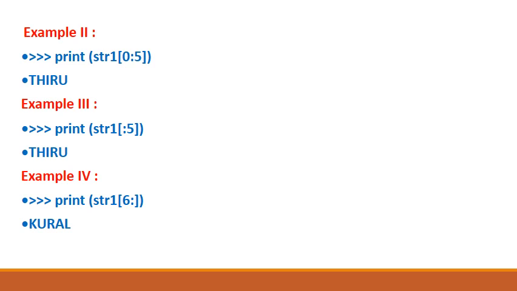Next, in example 4, we are slicing a substring from the starting index value 6 but without specifying the end index value. So by default, it will take the end value as n minus 1. So the characters will be displayed from the 6th position in the output. So we will get the output as Kural.